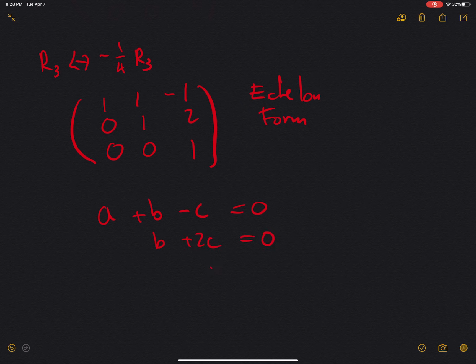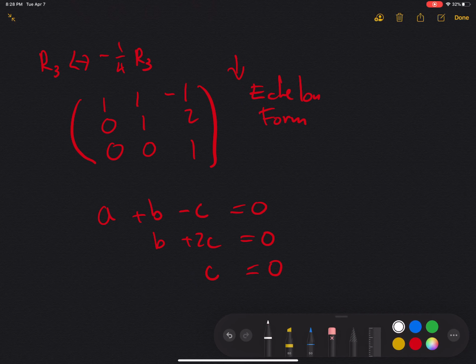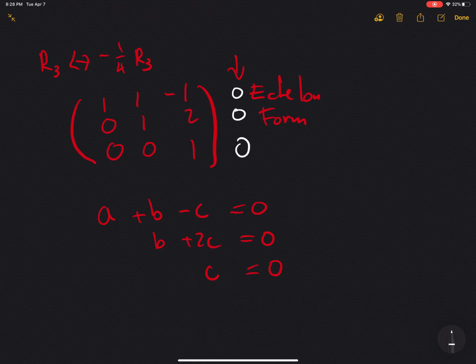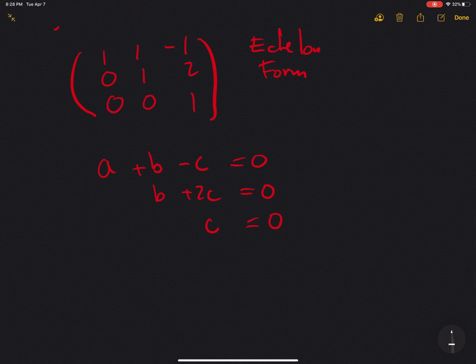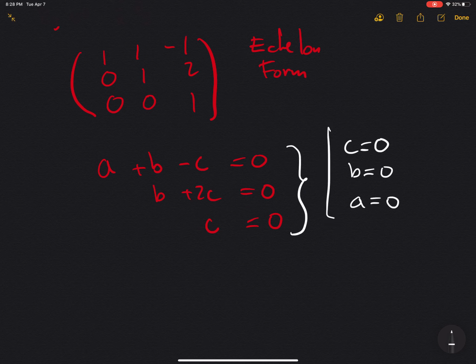Remember that this is a homogeneous system, so the last column is always going to be an invisible column of zeros. With this, we have that C equals 0. And if C equals 0, I can plug this back into the second row and I'll get that B equals 0. And if both of these are 0, then from the first row, I get that A equals 0.